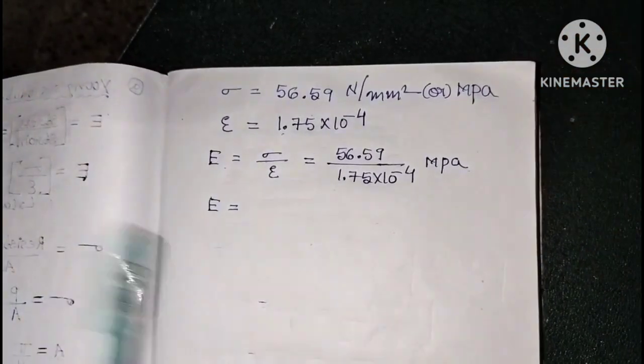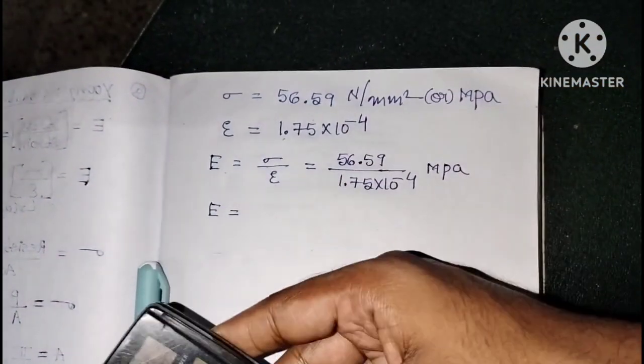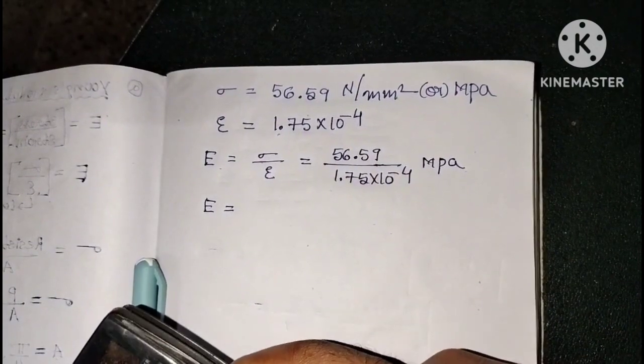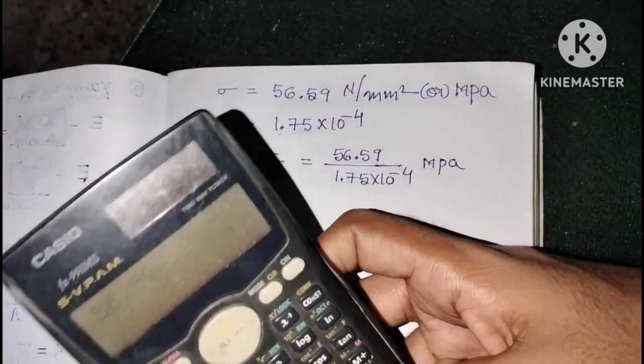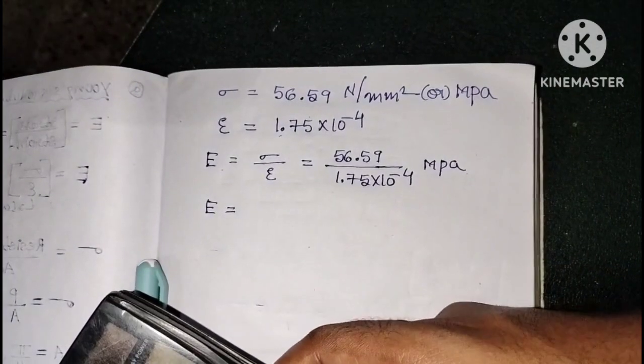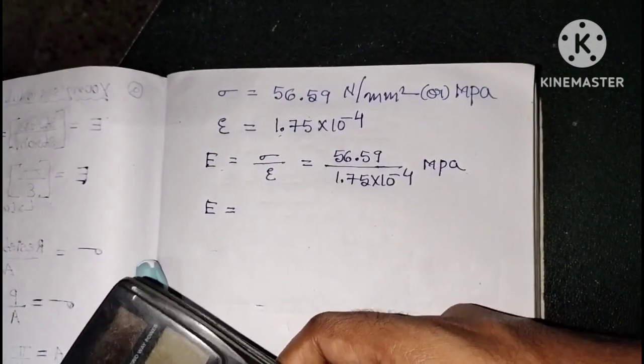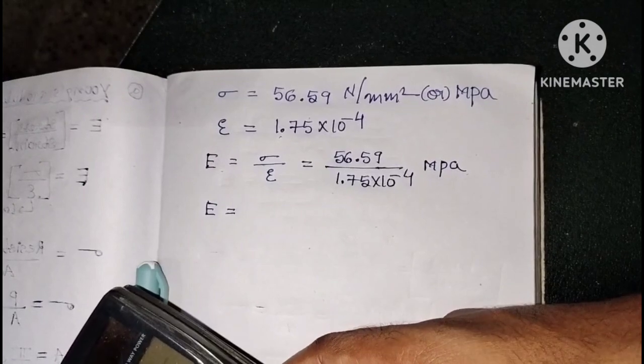E is equal to, so now calculate. 56.59 divided by 1.75 into 10 to the power of minus 4.